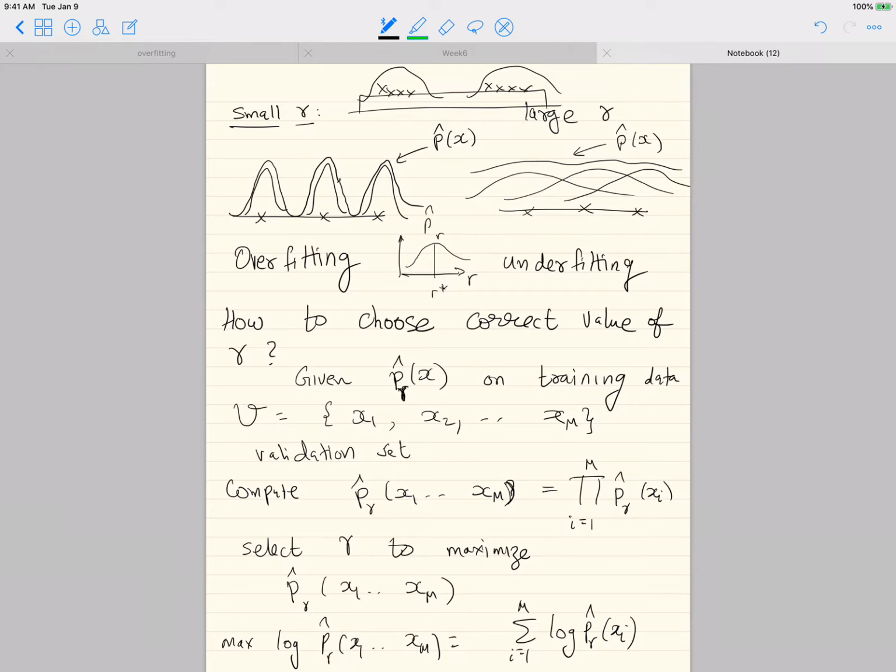Any other questions? Wouldn't this lead to overfitting of the validation data? But you have not seen the validation data. I don't know what it means, overfitting of the validation. I mean, because you're using the validation data to find your R, essentially, this R is specifically for the validation data.